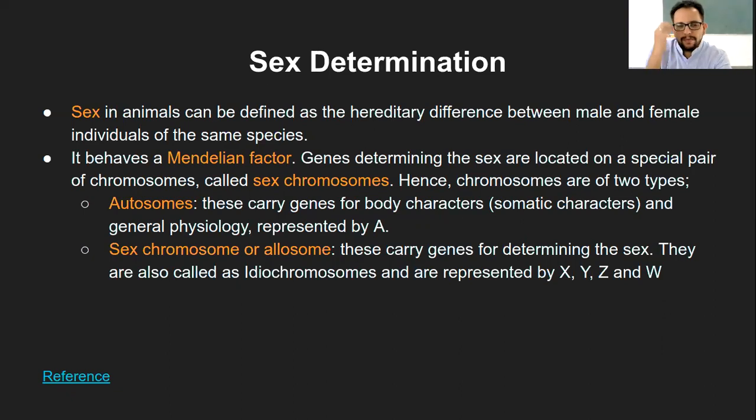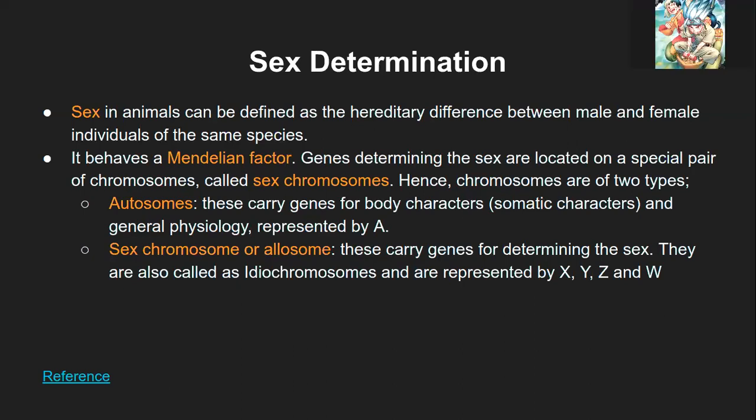There are quite a lot of functions which are similar, or rather the same, in males and females. For example, metabolism, protein synthesis, neurotransmission, or heart and muscle activity.